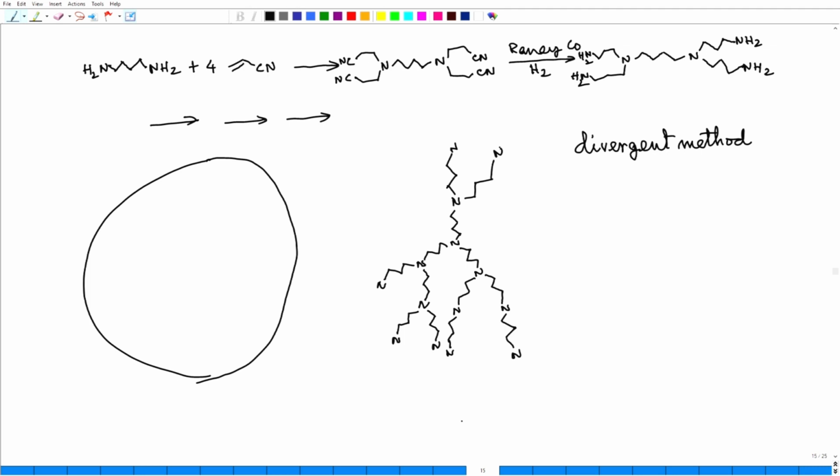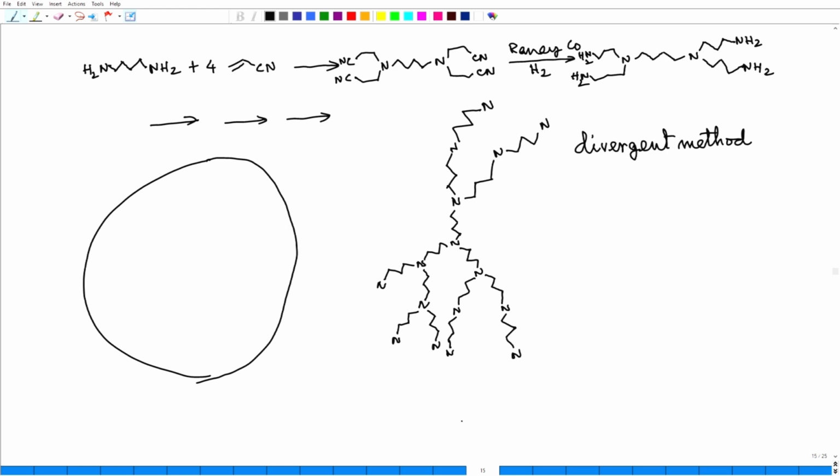This goes on, here also it will go. It will go on like this, and at some point it will stop, because they are almost touching each other. So, they cannot go on like that. After a certain generation it has to stop.